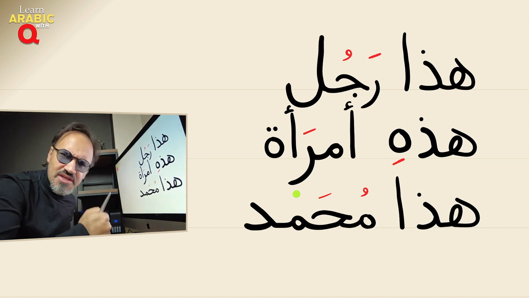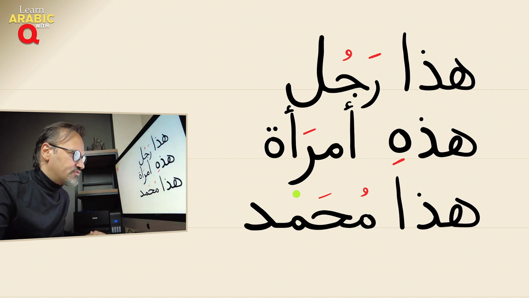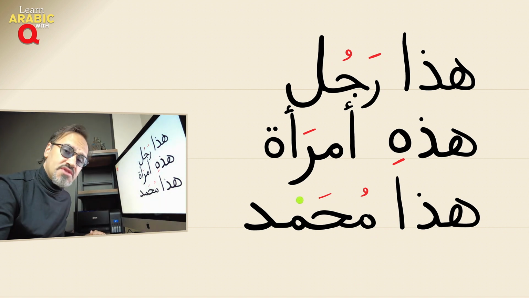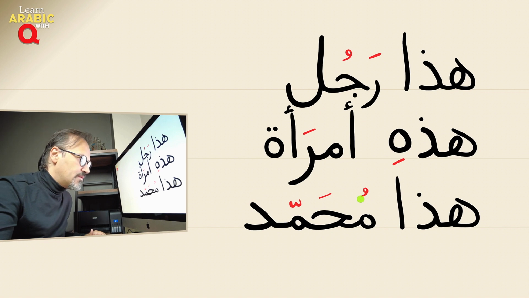Muhammad. We're doubling down on the meh sound on this meme letter. So if we're doubling down, we put a little w on top of it, which is called the shadda. Here's that shadda. So now you can read it properly. Muhammad.